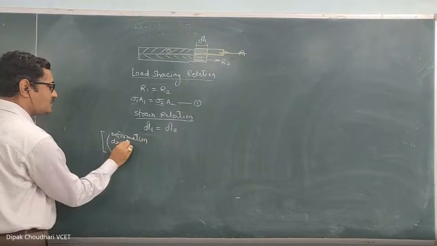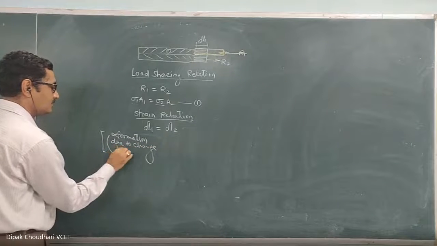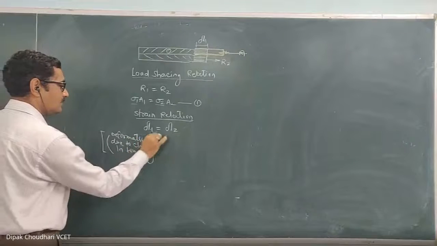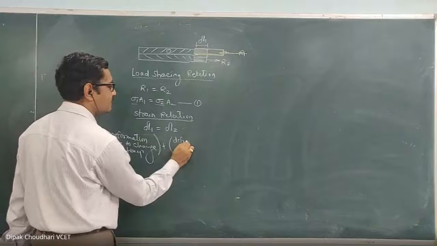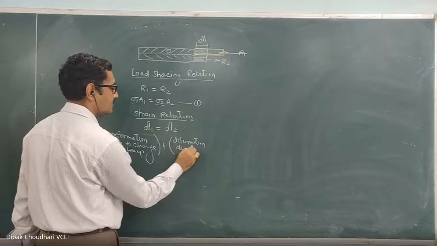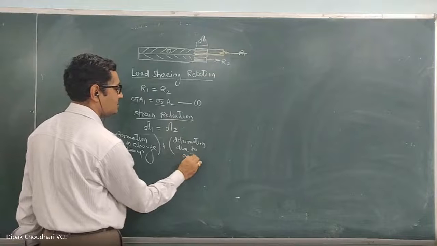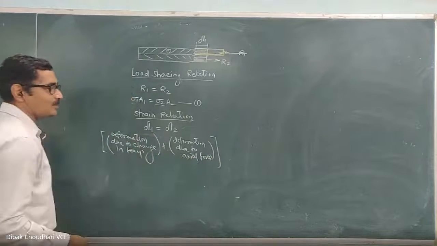So delta L1 equals the deformation due to change in temperature plus the deformation due to axial force. So delta L1 will have these two components.